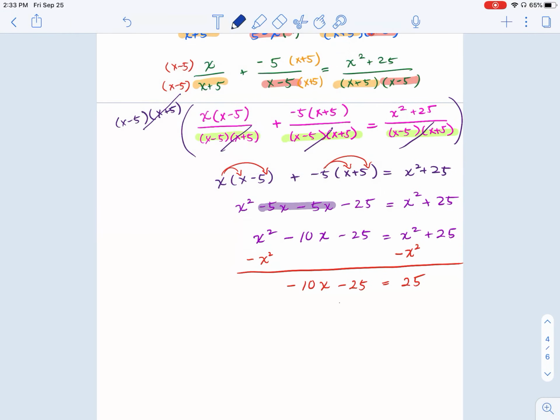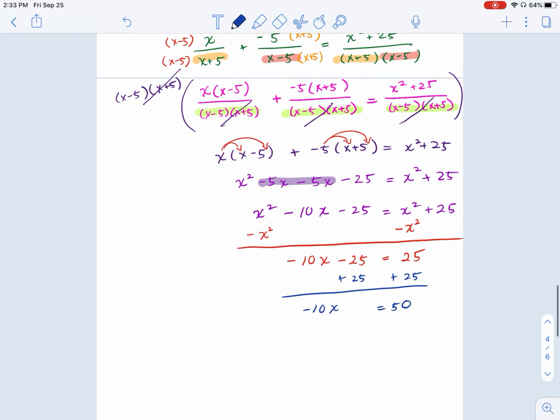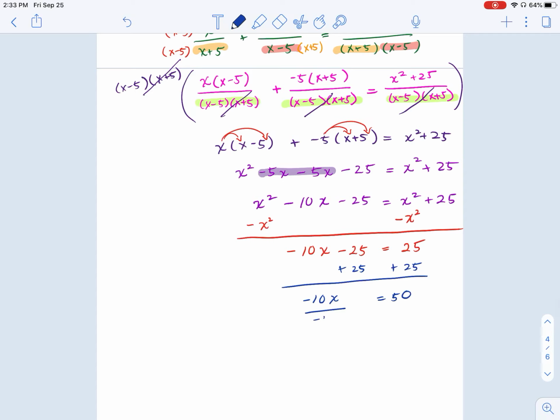From here, I'm going to keep going. Add 25, add 25. Negative 10x is equal to 50. Divide by negative 10. x is equal to negative 5.